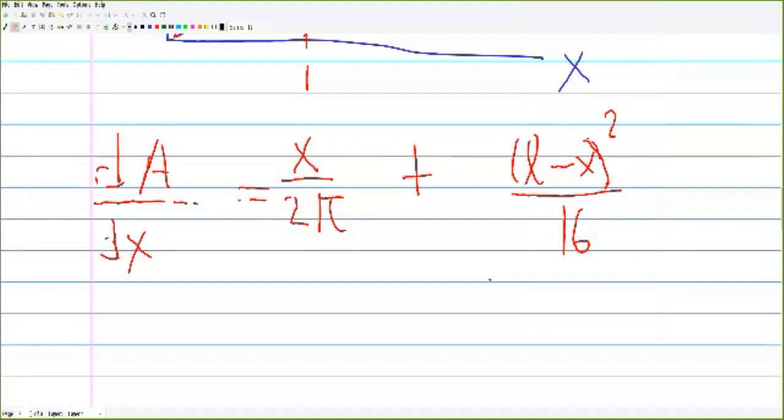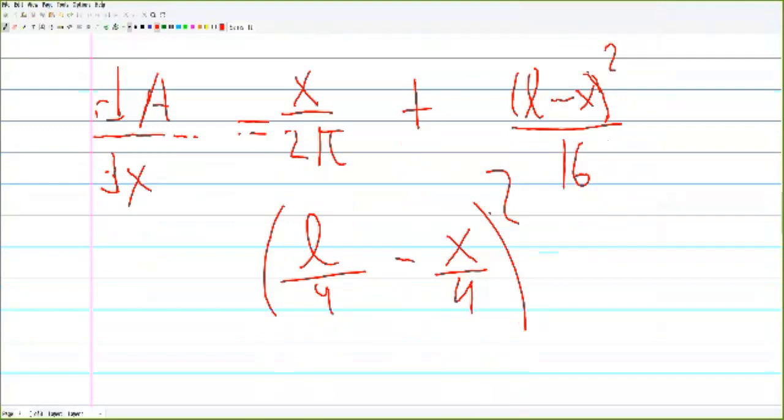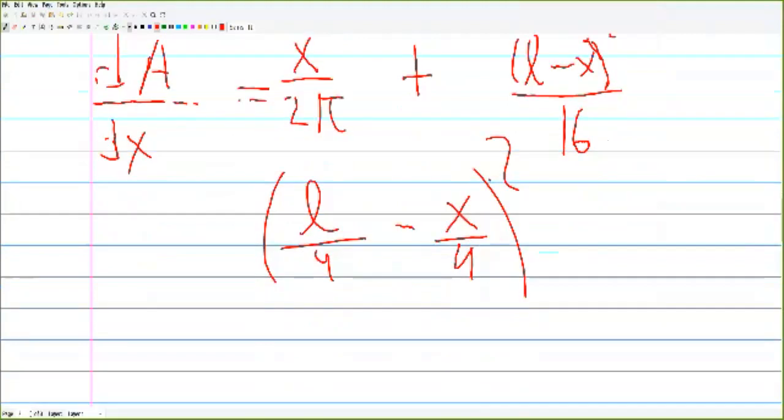So that would be L over 4, minus x over 4, squared, right? And so this over here should be 2 factor of L minus x divided by 4.